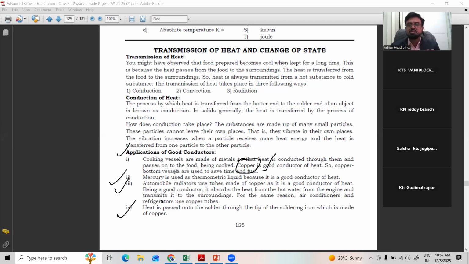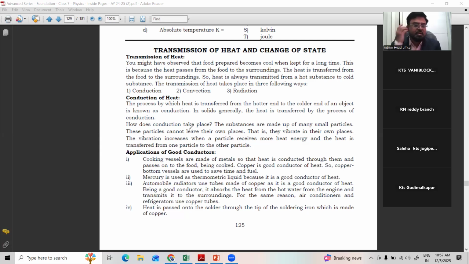You might have seen a soldering rod used to join wires when an electrician or TV mechanic comes to your house. The edge of the rod becomes hot and is used to solder and join the two parts, again because copper is a good conductor of heat.